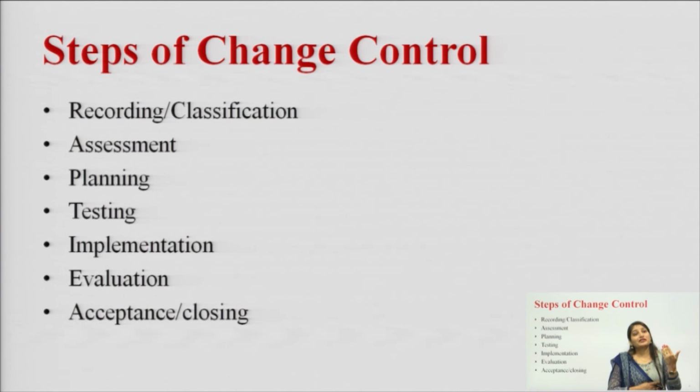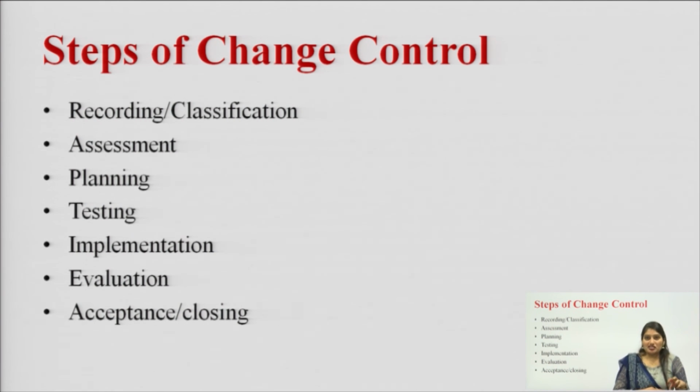After that, we will plan a strategy, we will plan a technique by which how we will implement that. In the testing step, we will perform certain testings on that changes. Okay. It may require a time to implement that change. In the implementation step, we will implement the change.